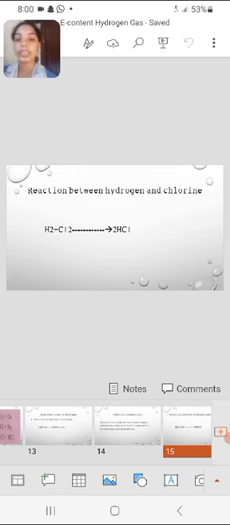Isn't it a combination reaction? Yes. Can you find other examples of combination reaction?